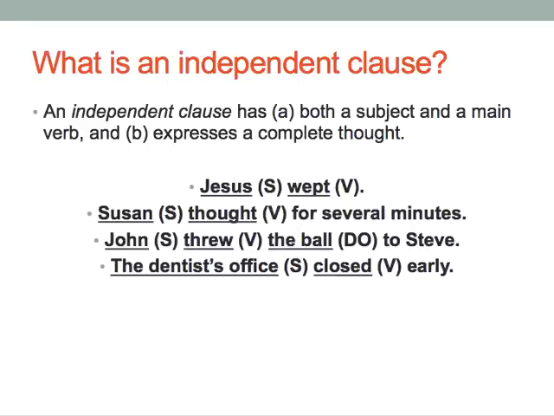We need the direct object to complete the thought of the verb threw, and therefore that whole phrase is going to be considered an independent clause. But you can still see if we put a period after the word ball, it would still be a complete sentence. John threw the ball.